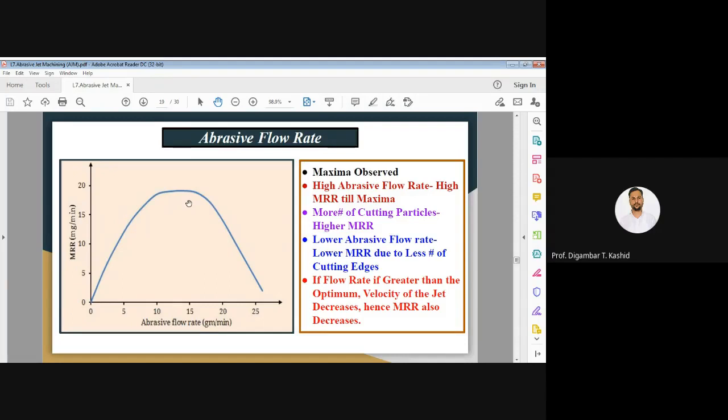At a lower abrasive flow rate you will get a lower material removal rate due to fewer cutting edges, or fewer abrasive particles.